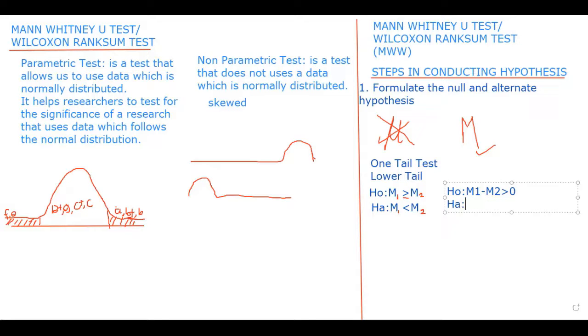You are bringing all the M's to one side. M2 was positive, so when it crosses the sign, it becomes negative. So M1 minus M2; if the first one was greater than or equal to, the direct opposite is less than.